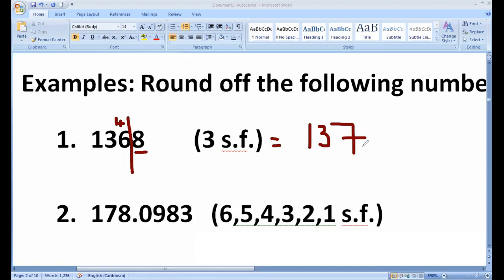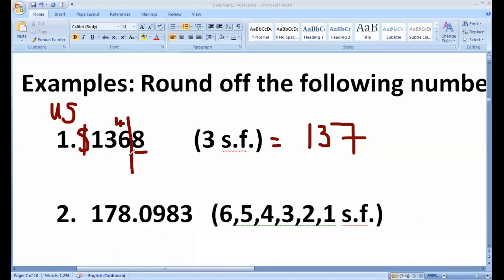Because the number to the right is higher. Well, yes, correct. Because guess what? Let us say this is money, right? Let us say this is US. You go to the bank with 1,368 US. 1,000 US is a month's salary for some people.